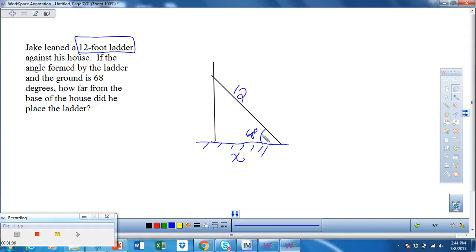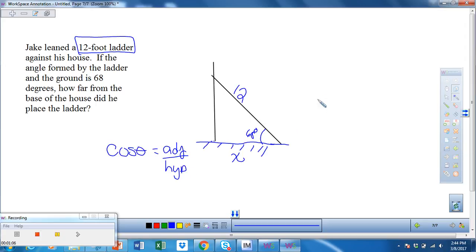So because I'm looking for x and I've given 68 degrees, which one am I going to use? Sine, cosine, or tangent? Well, x is adjacent. The ladder is the hypotenuse, so I need to use cosine because cosine is adjacent over hypotenuse.